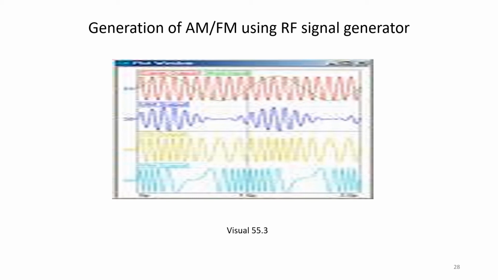So to sum up, an RF signal generator is one which generates the radio frequency signals. Also, it generates the amplitude modulated signals and the frequency modulated signals, whether it is an audio frequency oscillator, an RF signal generator, or a high frequency oscillator.